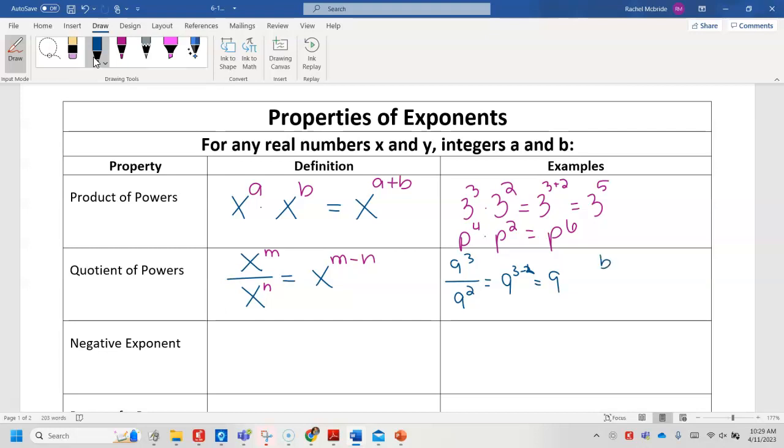If you had b to, let's say, the 8 over b to the 4th, it would become 8 minus 4, or b to the 4th.